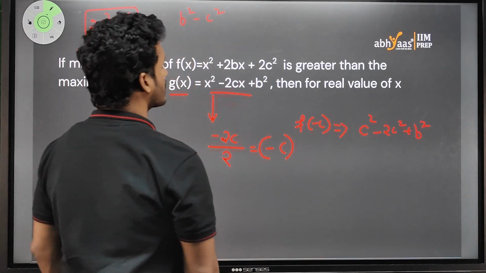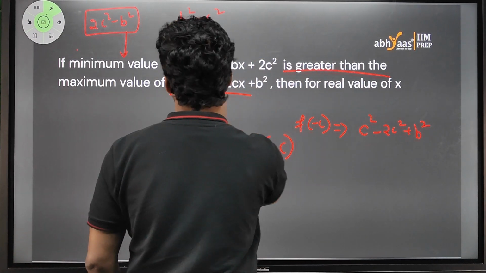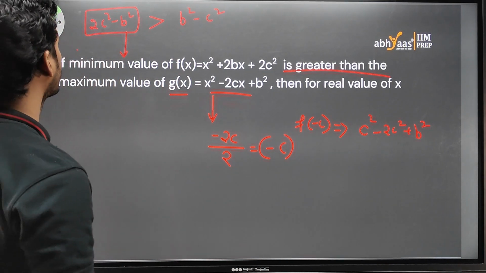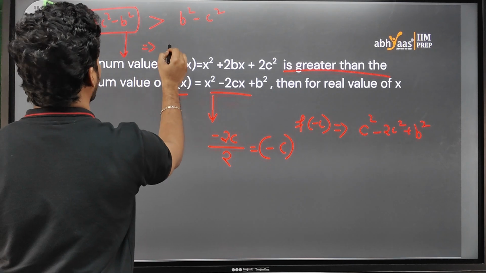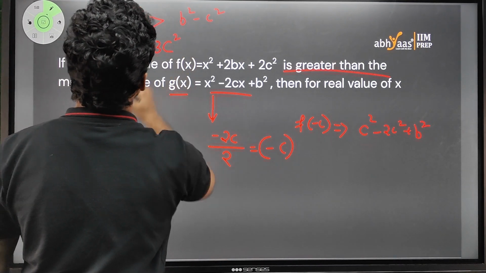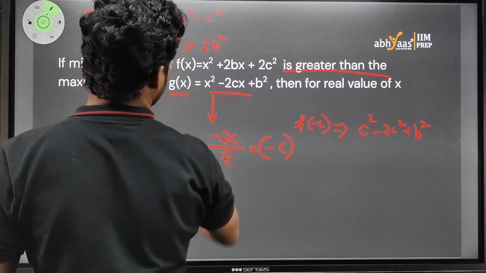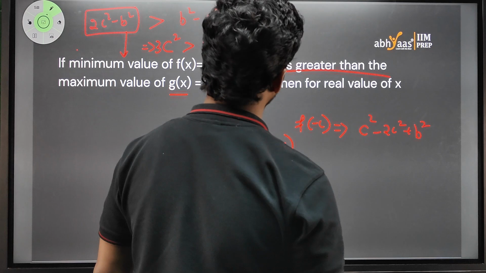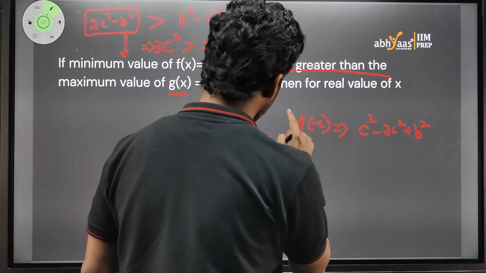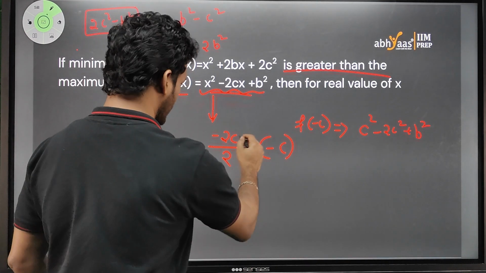Alright. So here the condition given is that the minimum value of this is greater than the maximum value of this. So after solving this, I'll get 3c square should be greater than 2b square. Have I done the right thing? Please check it. Actually, even I have done wrong here.